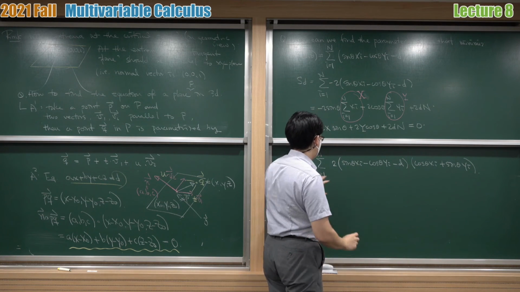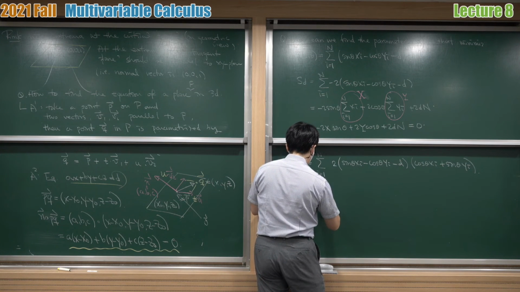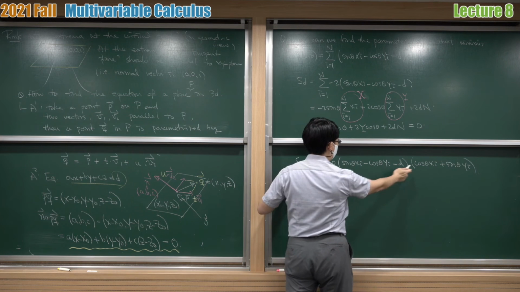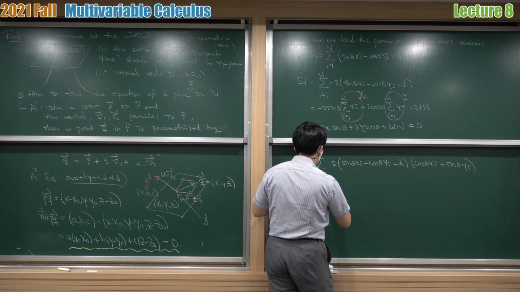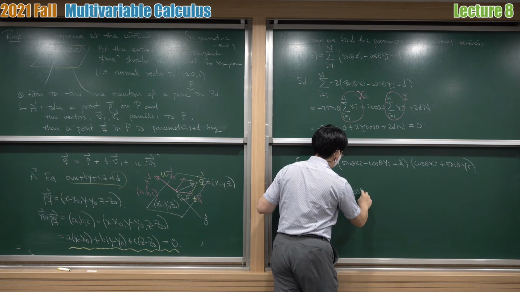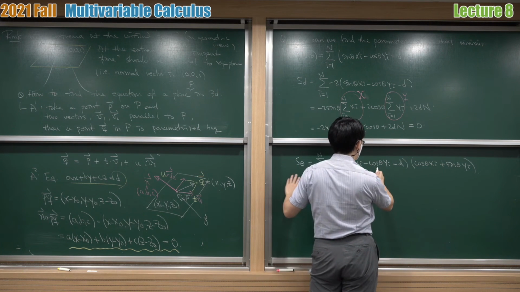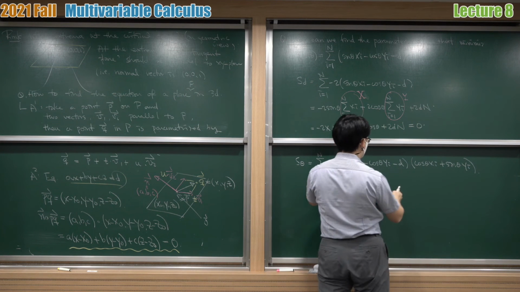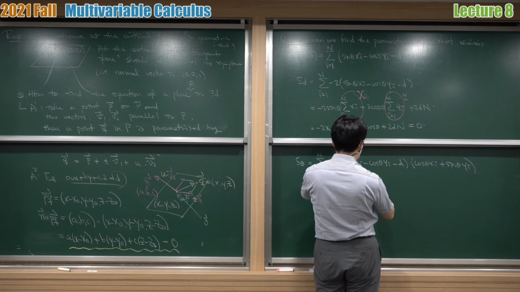We have the sum from 1 to n of, let's factor out 2, xi square sine theta cosine theta.